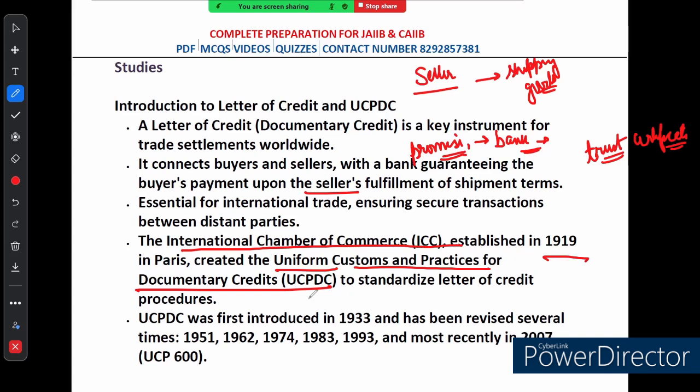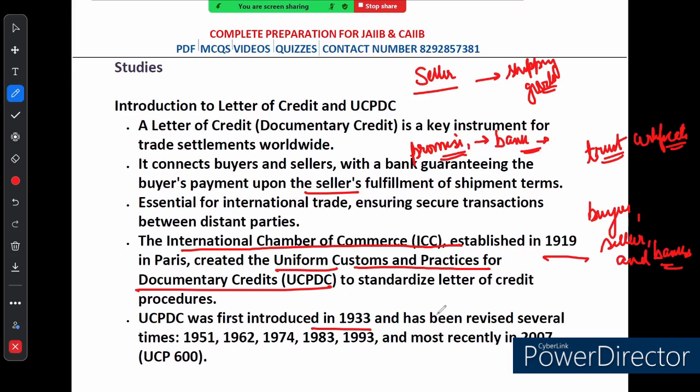These UCPDC rules ensure that everyone involved, that is buyer, seller and banks, follow the same guidelines. The UCPDC was first introduced way back in 1933 and has been updated several times to keep up with the changes in the world of trade and banking.